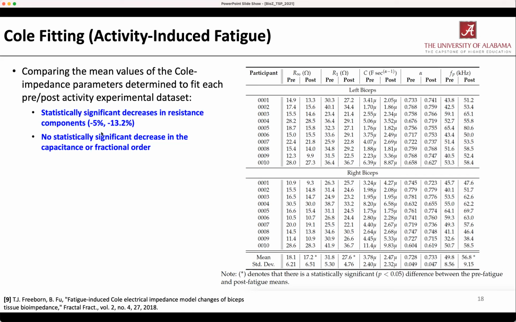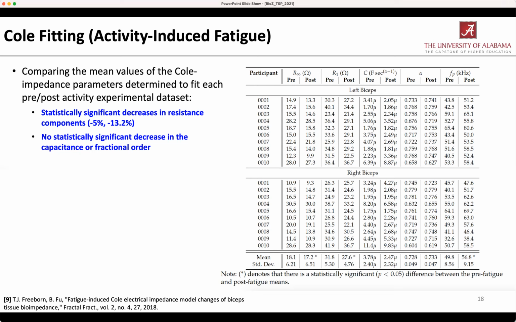That's decreases of about 5% and 13.2%. This aligns with the discrete comparison we did earlier of just the 10 kilohertz and 100 kilohertz resistance. So nothing really new there, but it confirms that this circuit model does capture those same features, and we can interpret the fluid pieces likely through the resistance values of the Cole model.